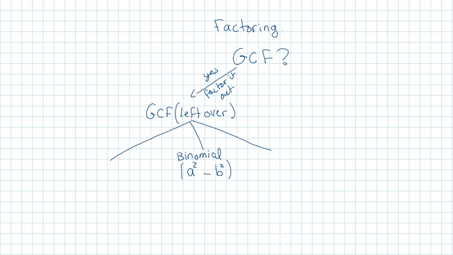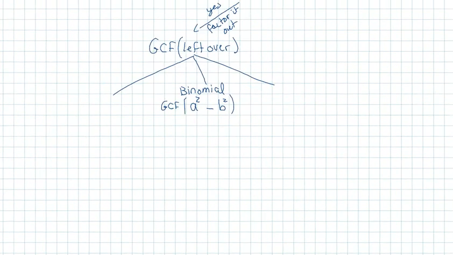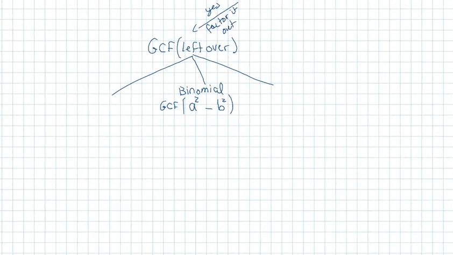If I have a binomial with 2 squared terms and a minus between them, then I have to follow the difference of squares. And that's going to be, so you leave the GCF outside, and it's going to be A minus B, A plus B. Do you guys remember that?